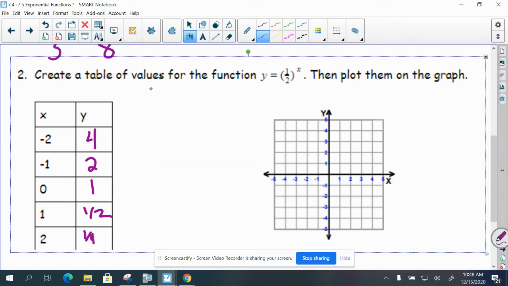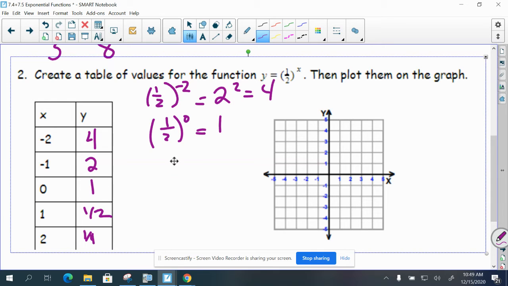And just as a little explanation, if you do 1/2 to the -2nd power, remember, to get the exponent to be positive, you flip the fraction, so it'd be 2 to the 2nd power, which is 4. And then remember, if you do 1/2 to the 0, anything to the 0 power is just 1. If you do 1/2 to the first power, you just get 1/2, etc.